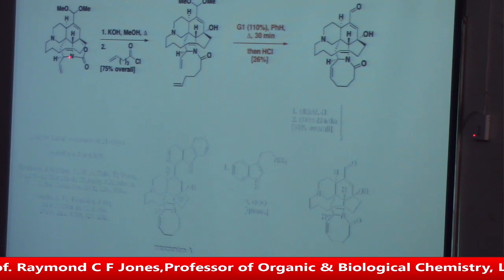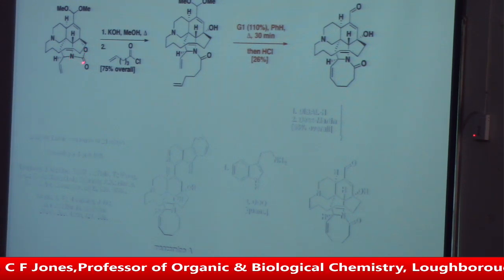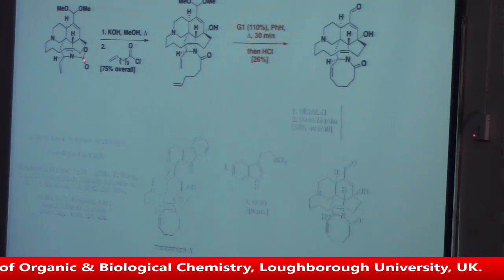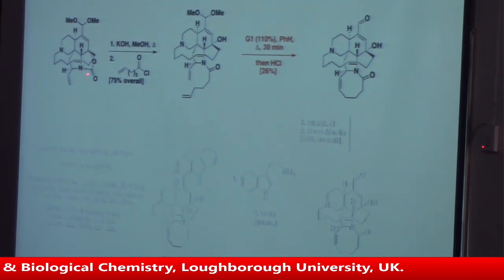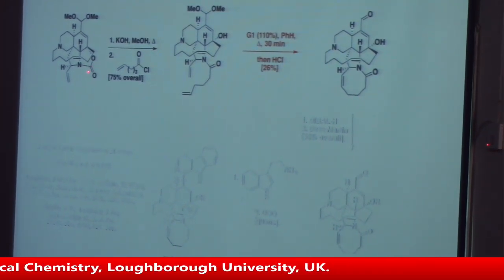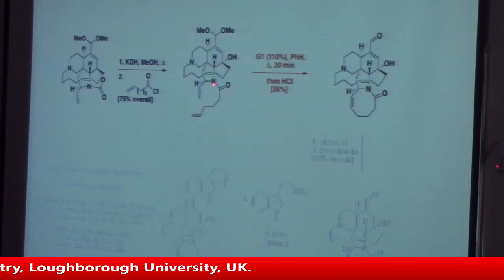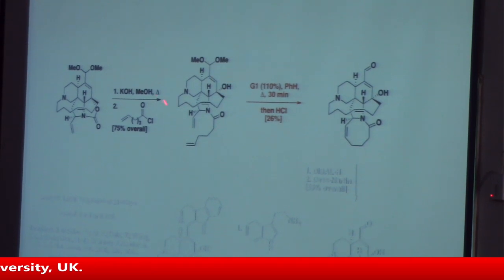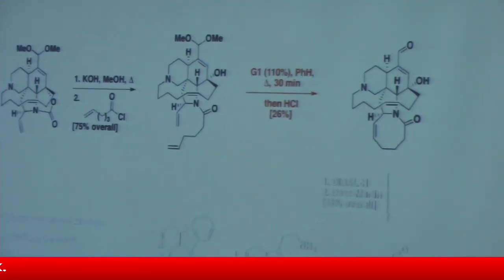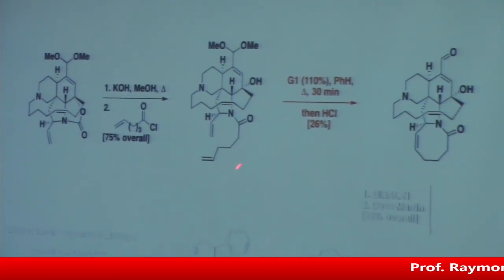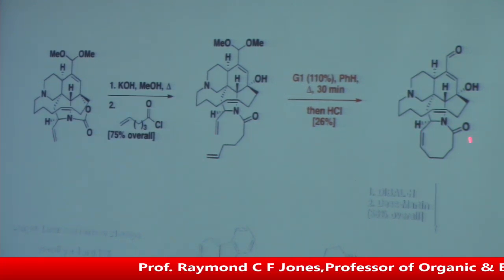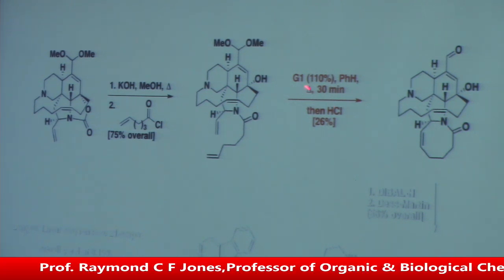It's got to be attached to this nitrogen, but that nitrogen is currently protected, so base hydrolysis removes this carbamate protection. That leaves an alcohol here and a free amine that you can then acylate with a long chain acid chloride. That puts in enough carbons to react with the vinyl group that's already there to make the 8-membered ring.